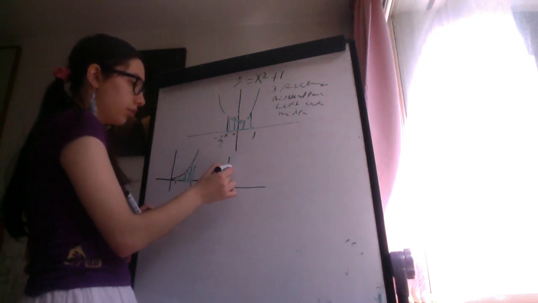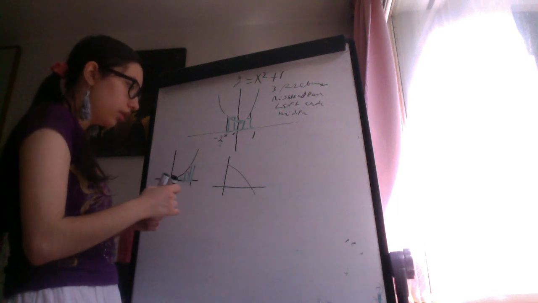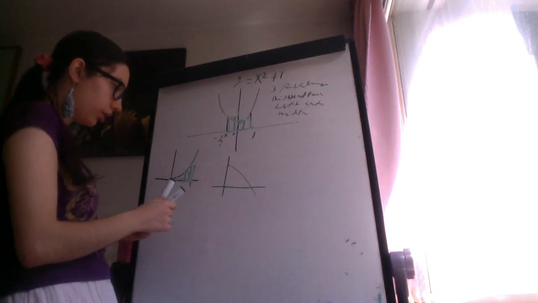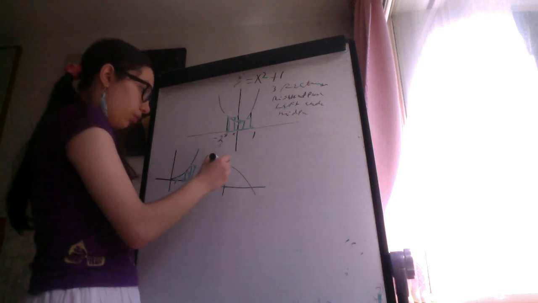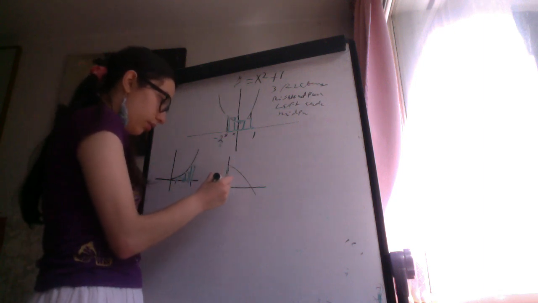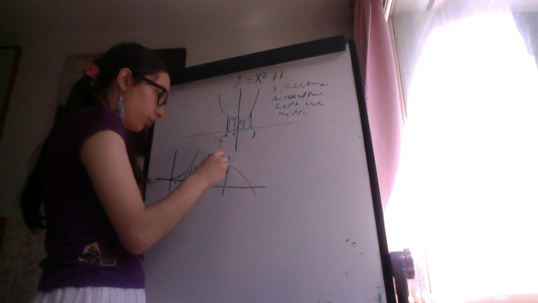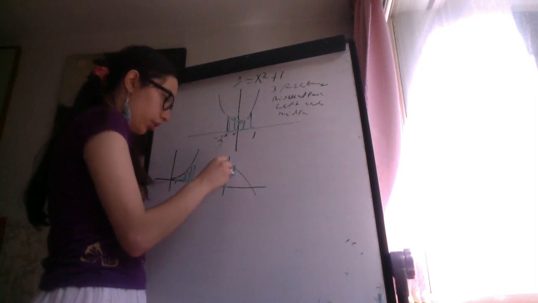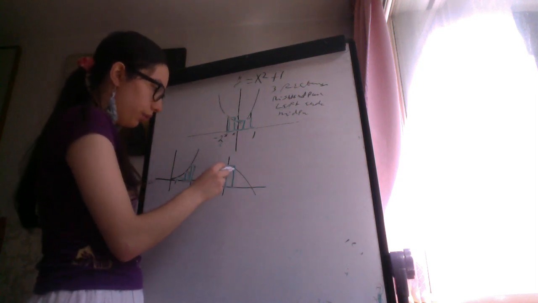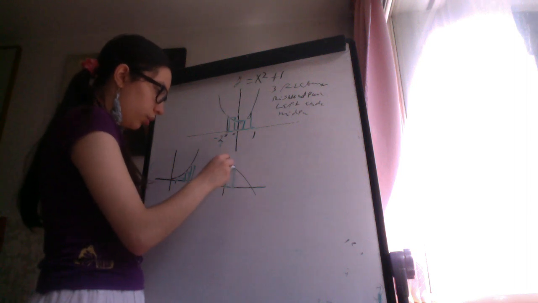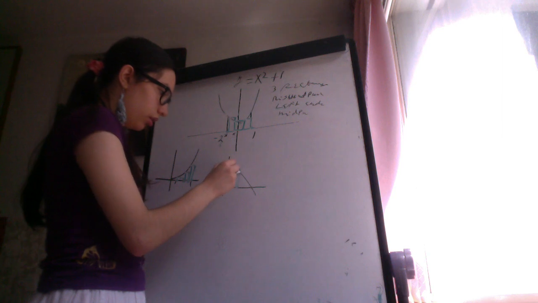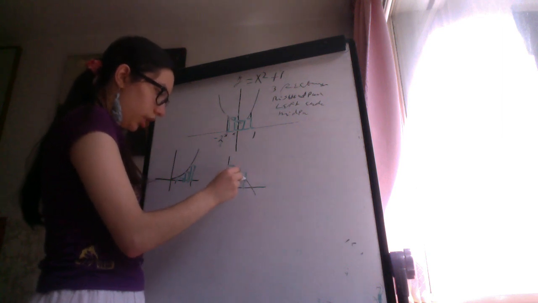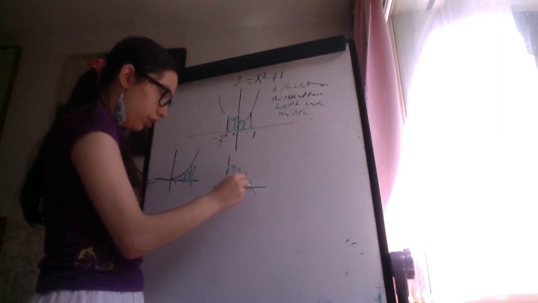Now in a decreasing function, let's say this, we want to estimate the area under the curve from here to here. So we begin from here to here. The next one will be from here to here, and the next one from here to here, next one from here to here.